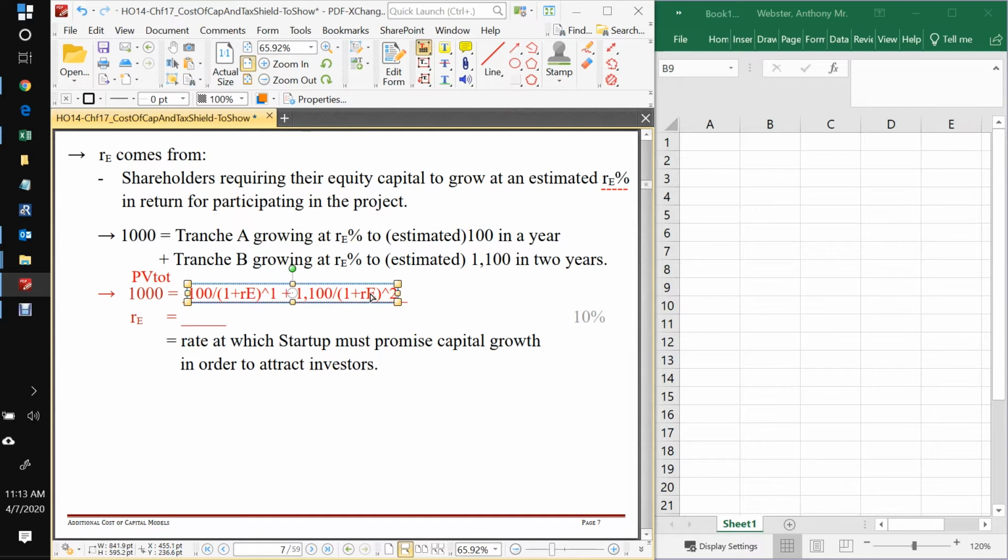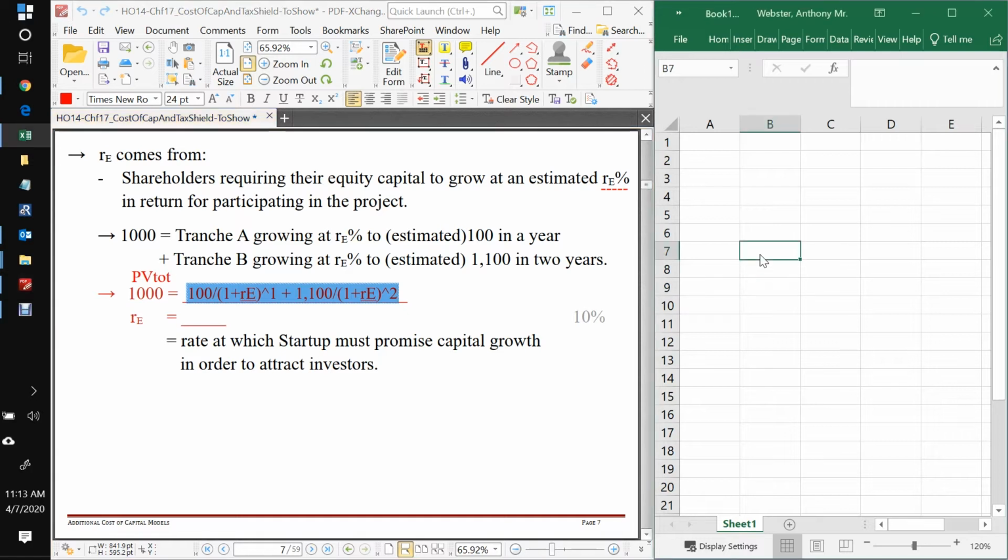So let's plug this into Excel and see if we can find out what RE is equal to. We could solve this using the quadratic equation, trial and error, or a financial calculator.